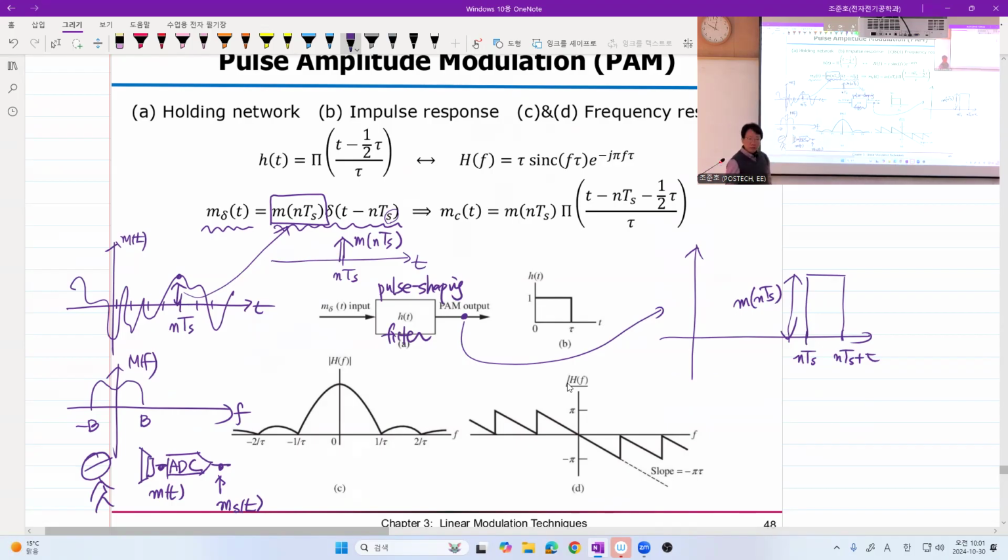The problem is that we don't know what the message is in communications. Otherwise, we do not need to communicate. Initially, in the first class meeting, I told you, why do we communicate? And the answer was, there are many possible answers, but one of the answers was due to the imbalance in information.